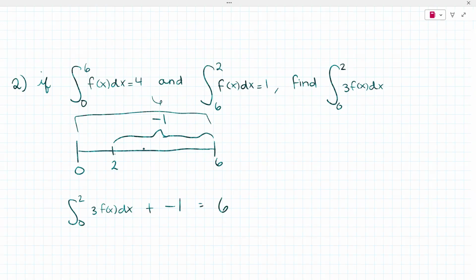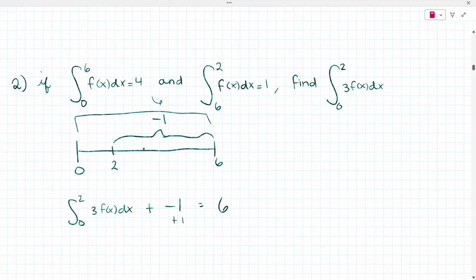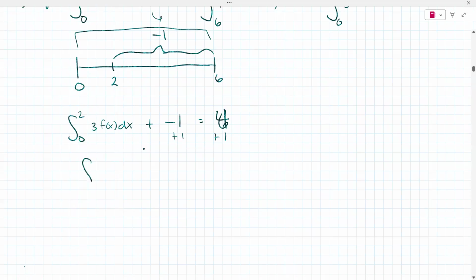Okay. So go ahead and solve for this. Maybe move this -1 to the right by adding 1. Whoops, I made a mistake. Not 6. Why did I say 6? It should be 4. From 0 to 6 is 4, not 6. And then I'm going to add 1. Oh, look here, we have a constant, a k. So what you could do is bring it out.